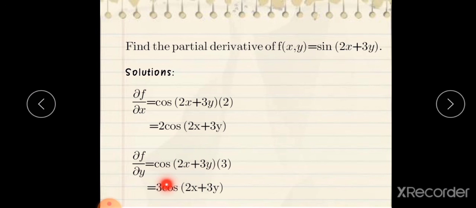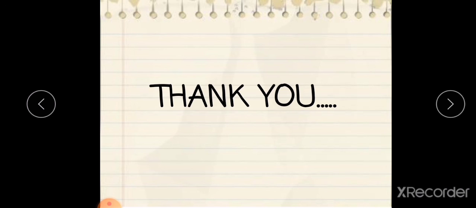So the final answer of the partial derivative of the function with respect to y is equal to 3 cosine of 2x plus 3y. So that is how to solve the partial derivatives. Thank you.